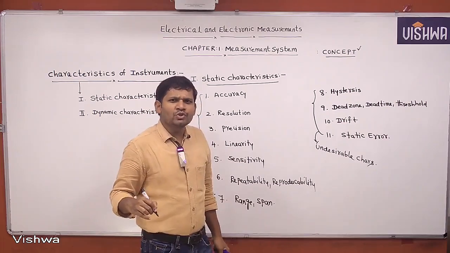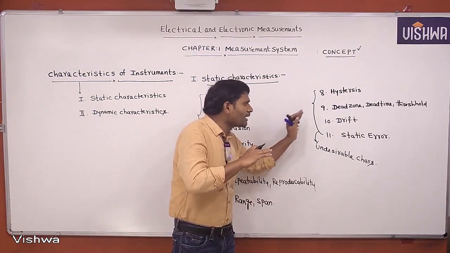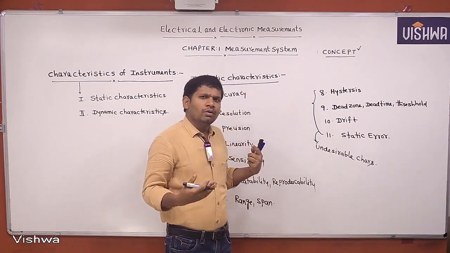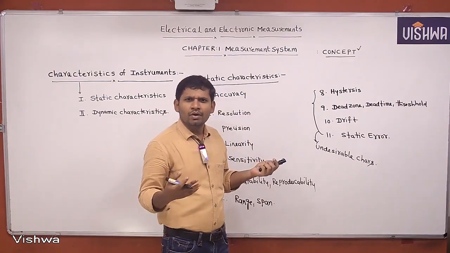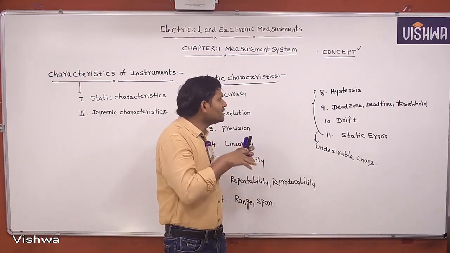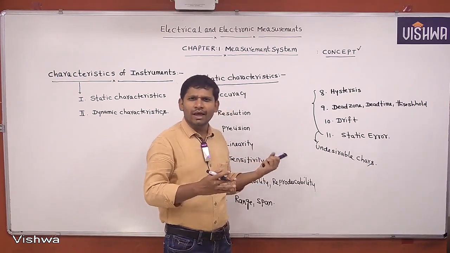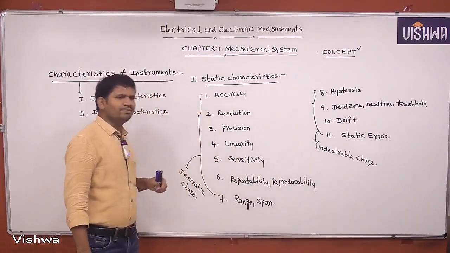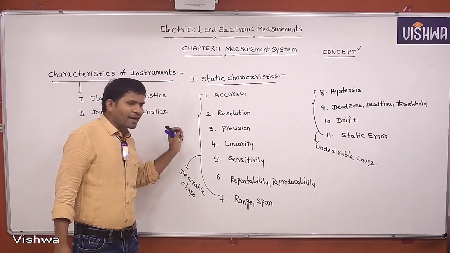During design of instrument, we design the instrument in such a way that we don't want these characteristics. But even though we don't expect them, after usage or practically we are getting this type of characteristics, then names are given such as hysteresis, dead zone, dead time, threshold, drift, static error. Understood? Now I want to explain in detail about these static characteristics.